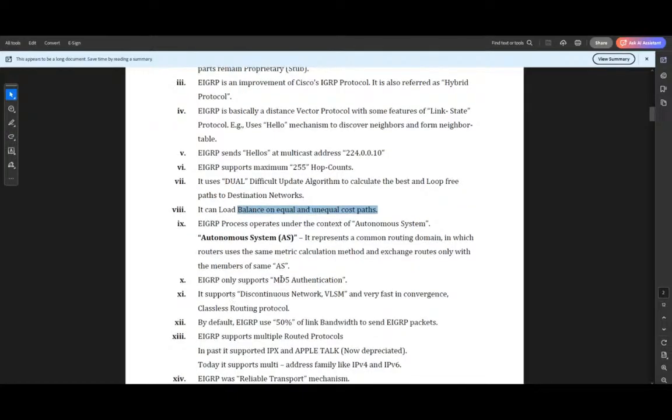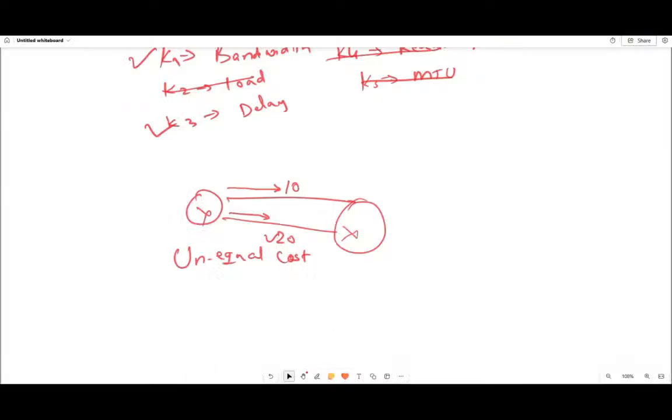EIGRP supports MD5 authentication. Why is authentication required? Suppose I have a network, something like this, a broadcast network.